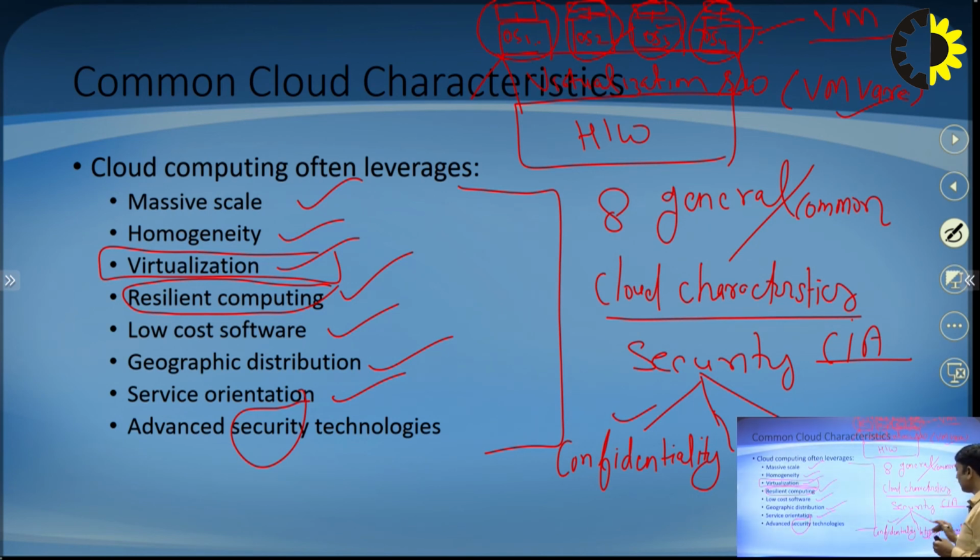The other is integrity. What is the meaning of integrity? Integrity means your original data is not changed. Between the sender and receiver, during the transmission of that service, it is not changed.